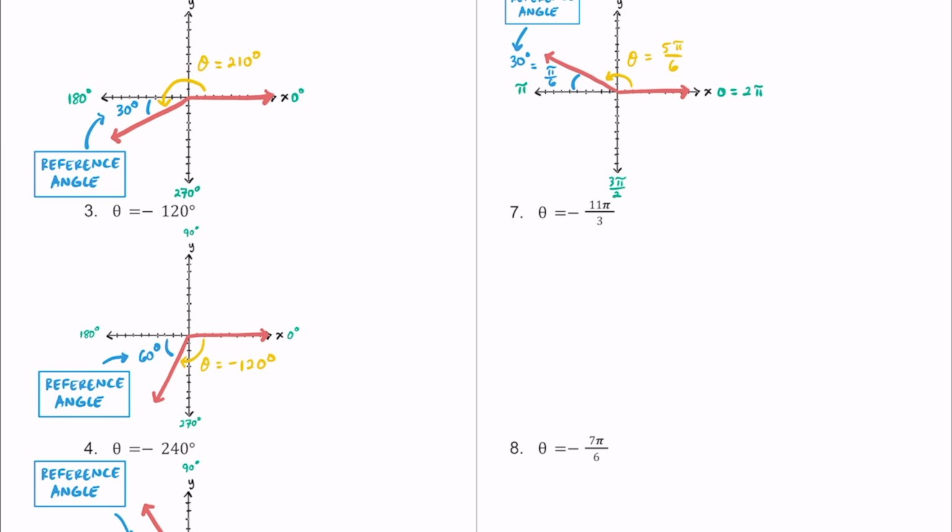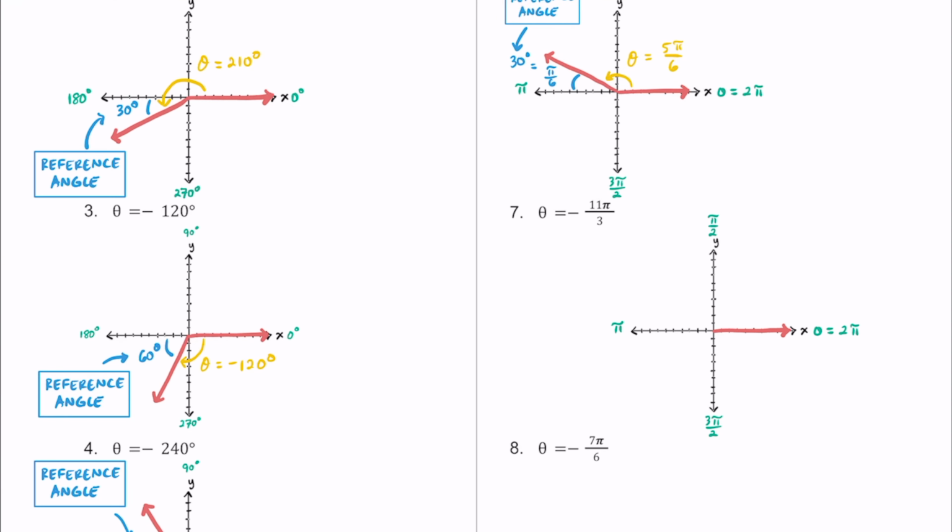Here's number 7. For number 7, we have this angle measure of negative 11 pi over 3. So we have to move in our clockwise direction this time. Let's go ahead and check this out on a coordinate plane. So this is going to be the initial side of our angle. And we're going to be moving negative 11 pi over 3 around. So we're going to be moving in that clockwise direction.